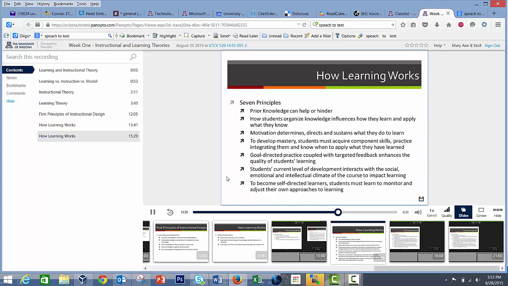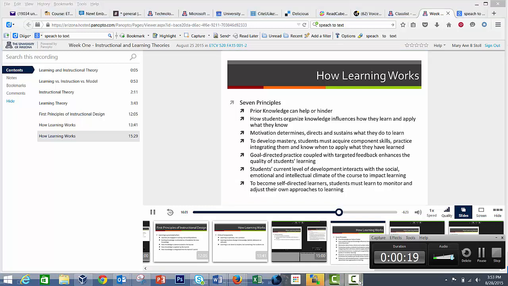So first, students' prior knowledge can help or hinder learning. Students come into our courses with knowledge, beliefs, and attitudes gained in other courses and through our daily lives. As students bring this knowledge to bear in our classroom, it influences how they filter and interpret what they are learning.